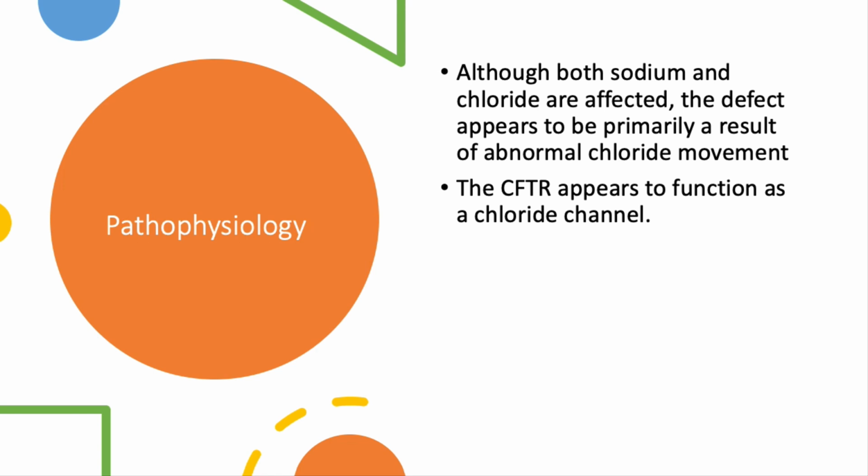And as we talked about earlier, the dysfunction is related to the chloride channel, but sodium and chloride are both affected, and they actually work very closely together, as we know.